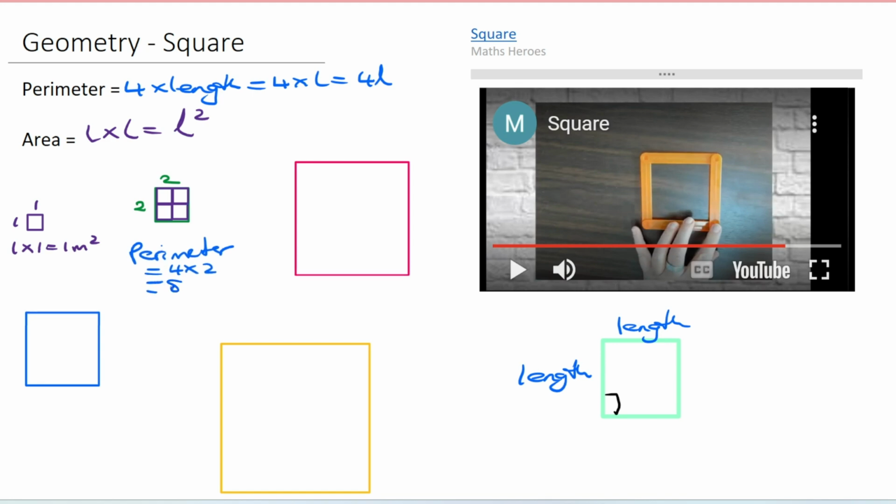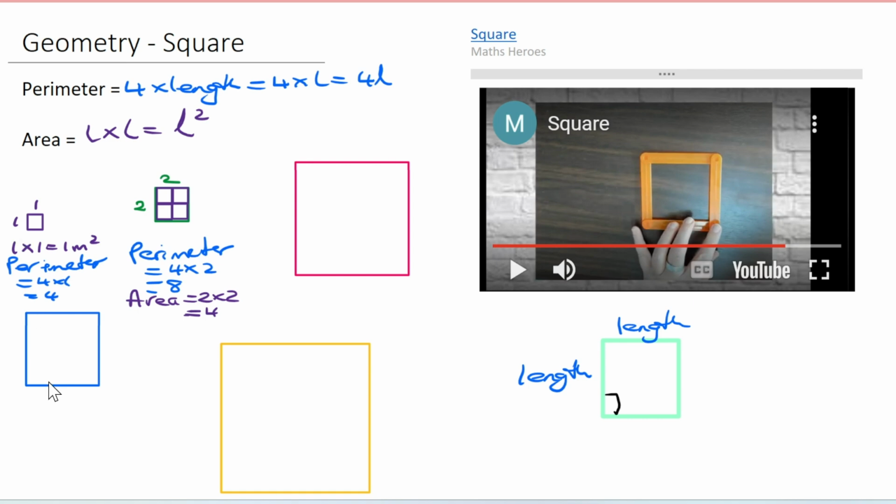That would be 8. I have an area of 4. So I have an area of 2 times 2, which is 4. 2 squared is 4. Here, my perimeter is 4 times 1, which is 4.